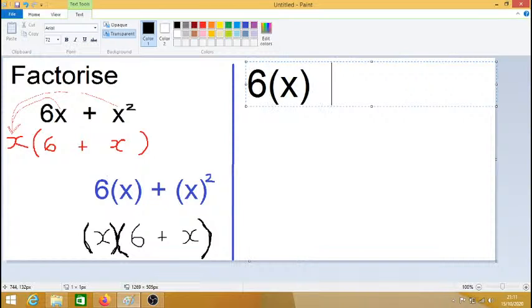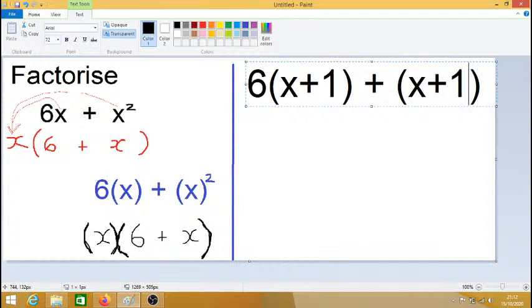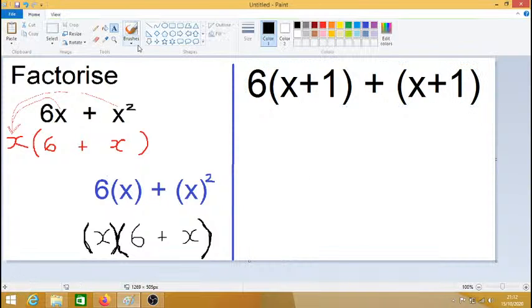Before we had 6x plus bracket x squared. I'll put the squared on in a second. So just come back to the x. Suppose that instead of just x in the bracket, I had, let's say, plus 1. And plus 1 in the bracket there. And now let's put that squared in.